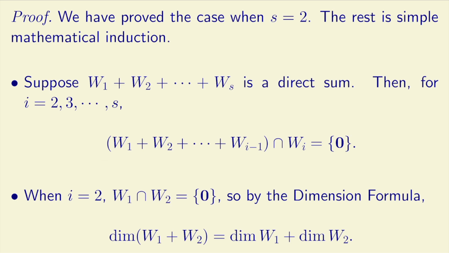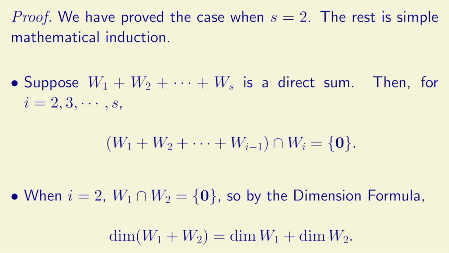So the intersection between the sum W1 plus W2 up to Wi minus 1 and Wi contains only the zero vector. So this is one of the defining properties of the direct sum. Now, when I is equal to 2, we have this. So the intersection between W1 and W2 must contain only the zero vector.